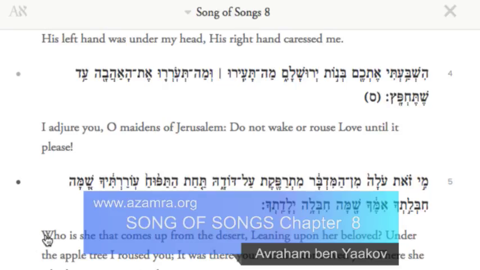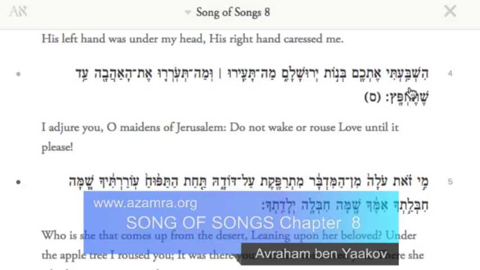But here, Hishbati Eschem, this third of these almost identical verses, except here we don't have her making them take an oath by the deer of the field.